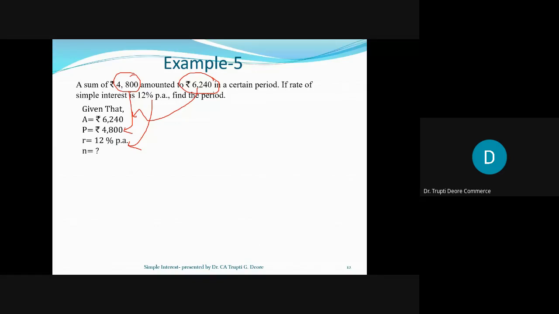Everyone try and see what the answer is. 2.5 years. Okay, 2.5 years, right, Mayuri? Poonam also got it, yes, right. Asha, right.